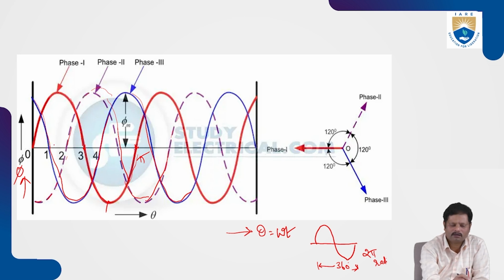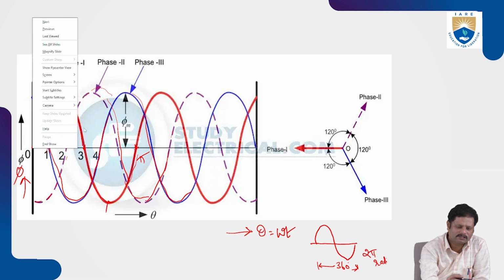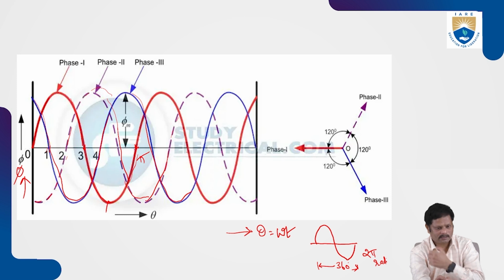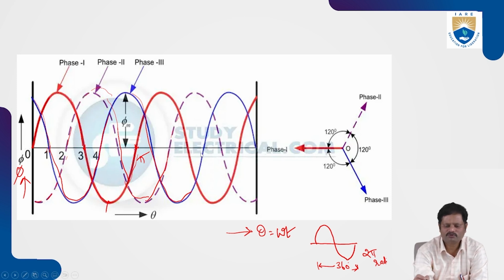After some angle, phase 2 starts producing flux, and similarly after 120 degrees electrical, phase 3 starts producing flux. So we can observe that phase 1 starts at 0, after 120 degrees phase 2 starts producing flux, and after another 120 degrees phase 3 starts.